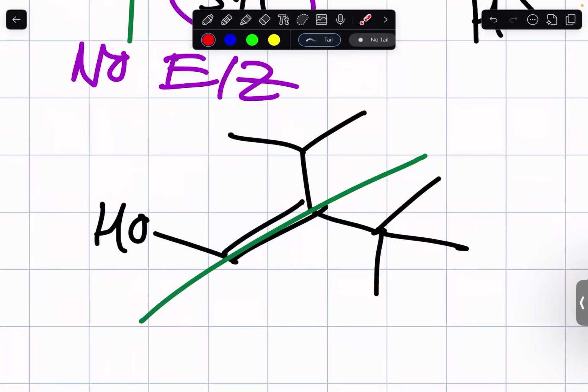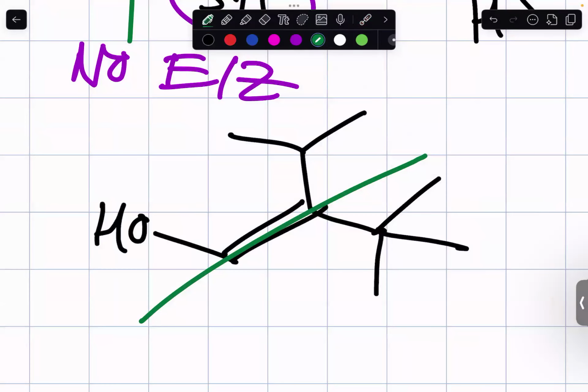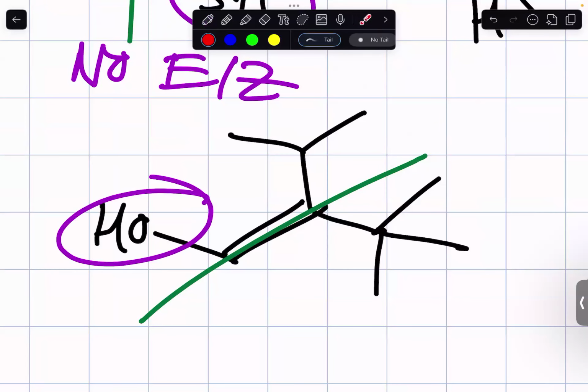So for the first carbon at the bottom, the OH would have priority over the hydrogen. And then for the second one, you have an isopropyl that would have more priority. This one here? Yeah.